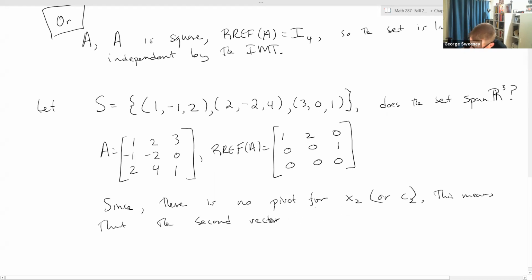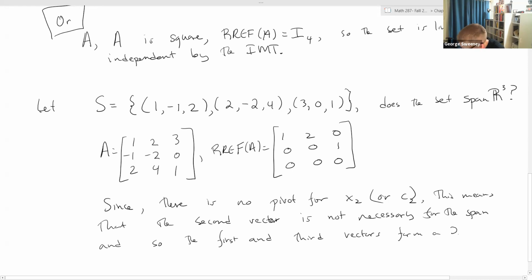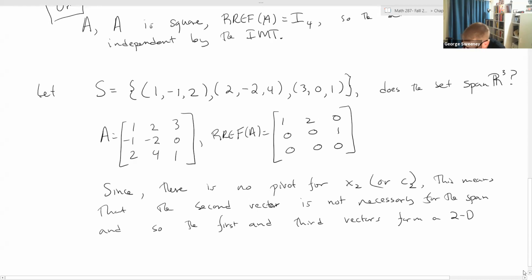Or the second vector is not necessary for the span, because that's what we're really asking. And so the first and third vectors form a 2D subspace of R3 and not all of R3. R3 needs 3 of them. So that's one way to think about it. Absolutely.